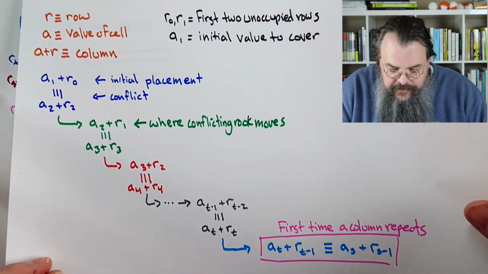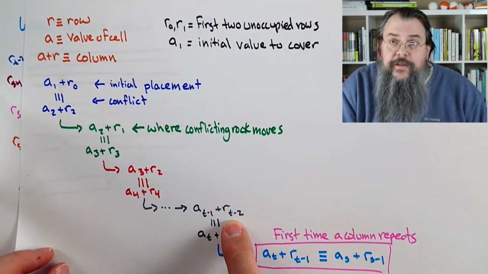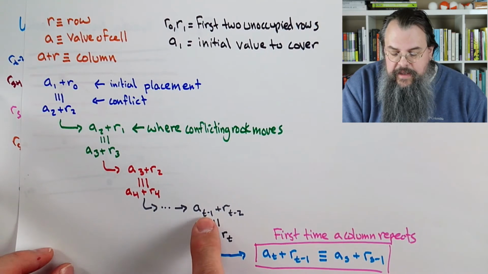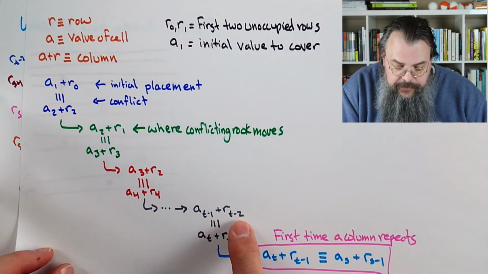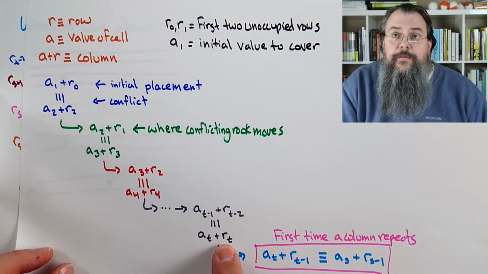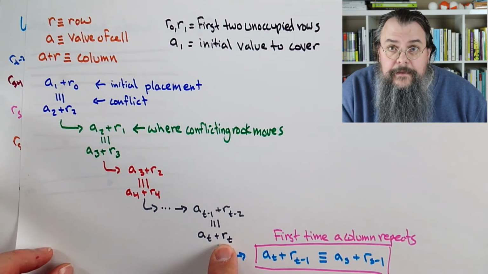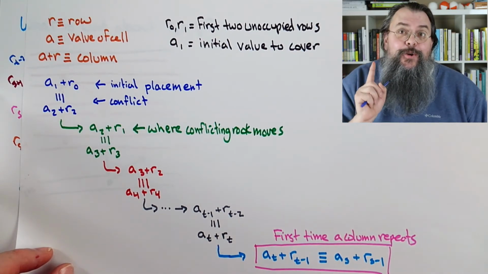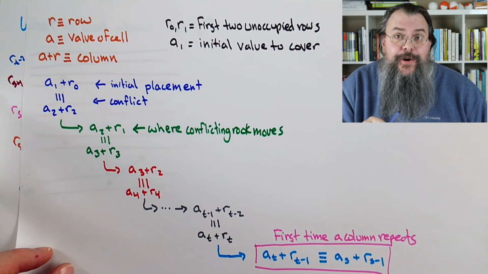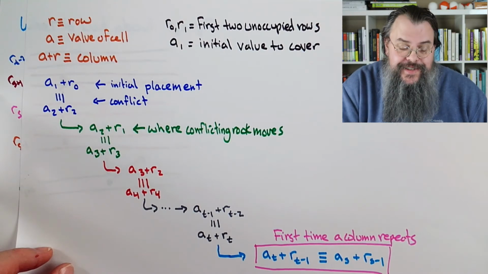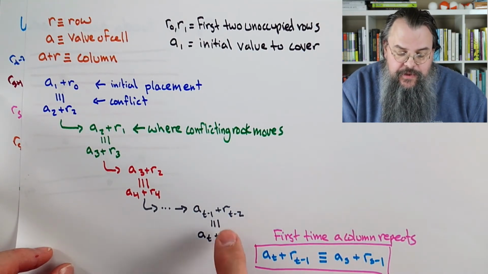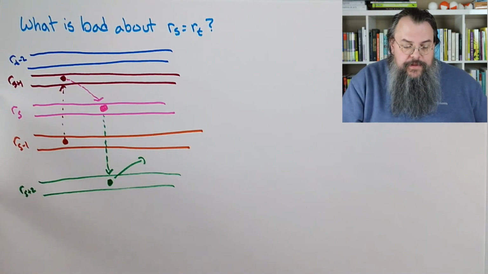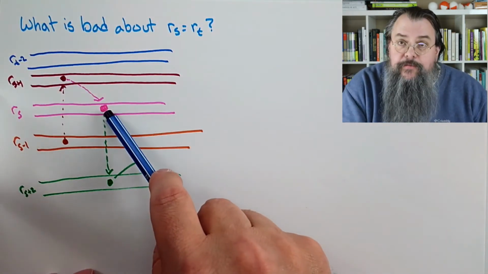Well, it tells us that when I look at that rook in that row T minus 2, it covers some cell, it conflicts with the rook that we're labeling row T. What do we know about that row? We know that that's the same as the row labeled S.